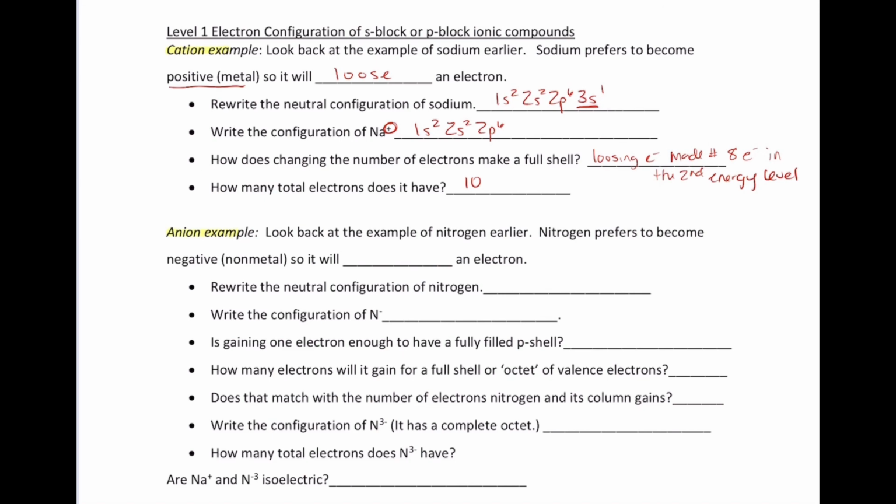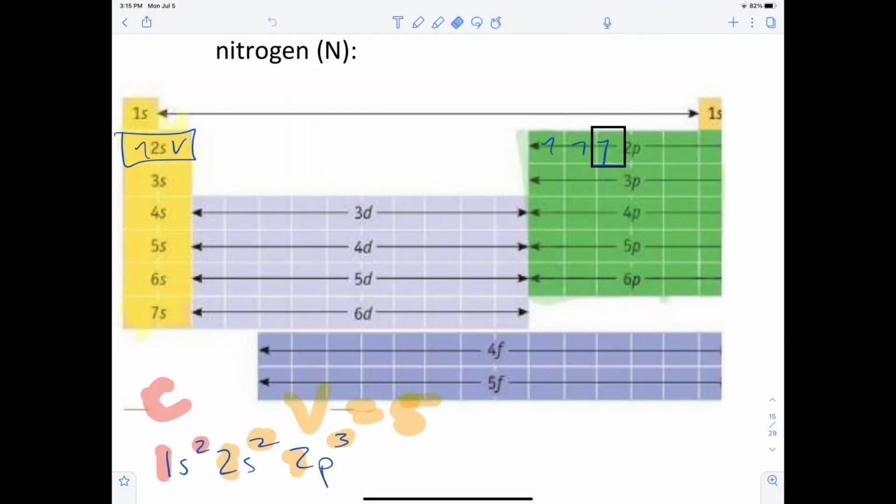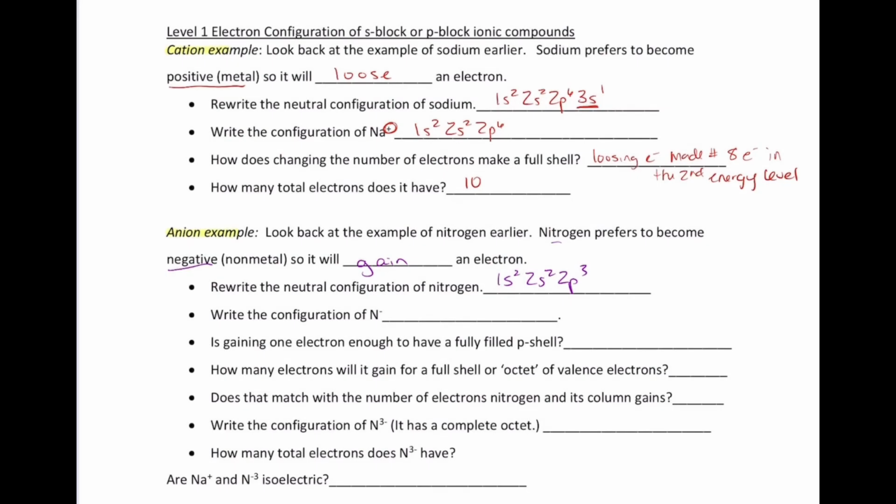So let's look at an anion. Nitrogen is a nonmetal, so it prefers to become negative, so it will gain an electron. So we're going to write the neutral configuration of nitrogen: 1s2, 2s2, 2p3. If we just have one negative, that's it gaining 1 electron, which will make 1s2, 2s2, 2p4.